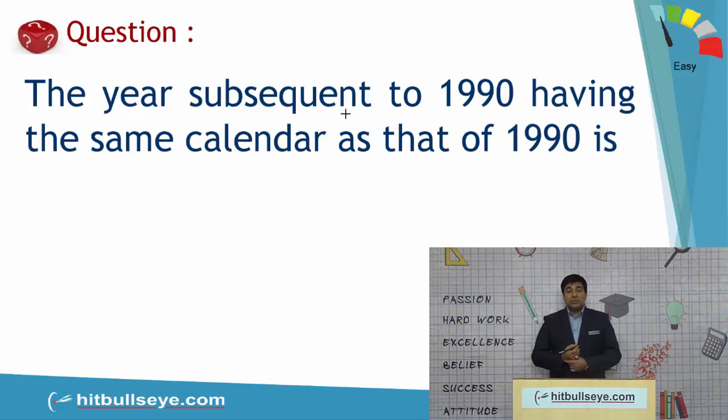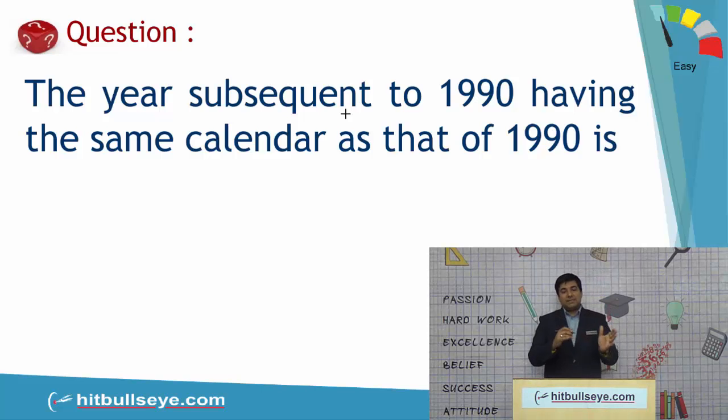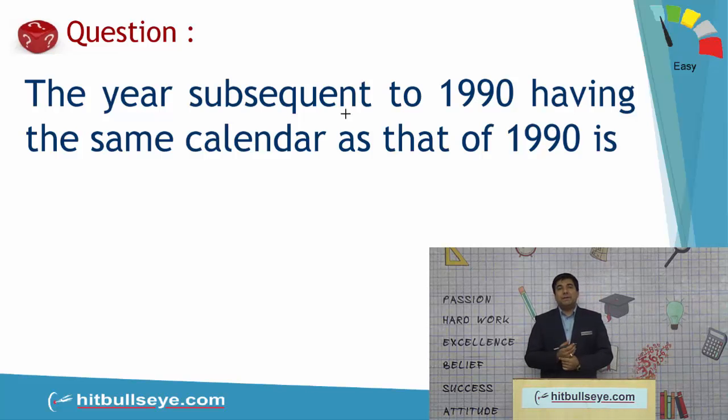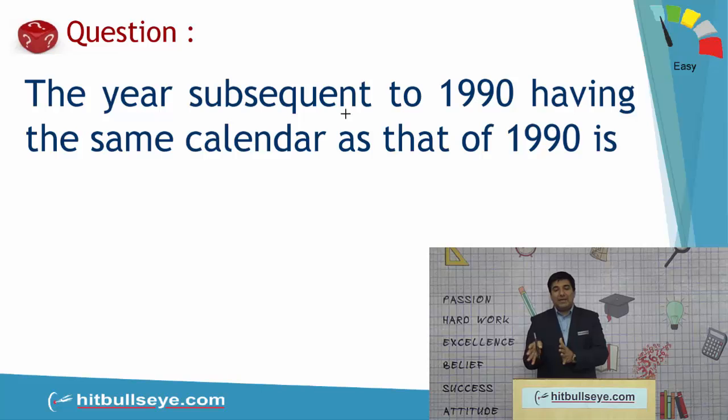Going to the next question. The year subsequent to 1990 having the same calendar as that of 1990 is. Now people, this concept is basically that we need to add 7 odd days. Since 7 is a multiple of 7, we'll have the same day on which 1990 is starting, that is the 1st January.